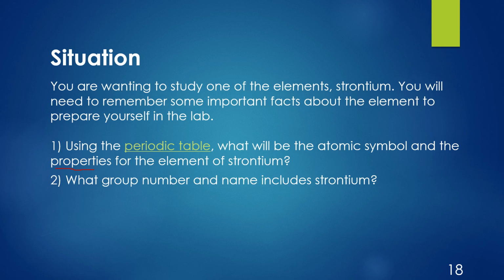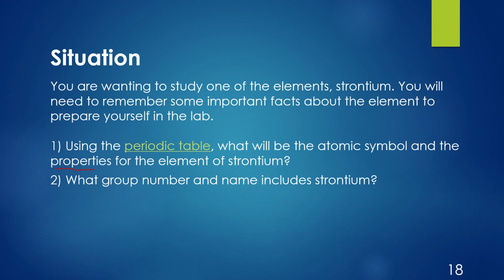Remember, metals are shiny solids that are malleable and conduct electricity. Non-metals are dry, brittle solids or gases at room temp, and they do not conduct electricity. And metalloids are a combination of those two properties. So that's how we would figure out properties.